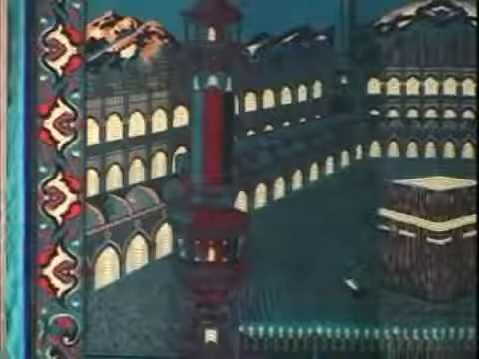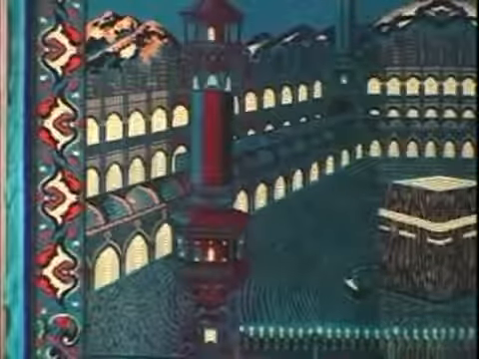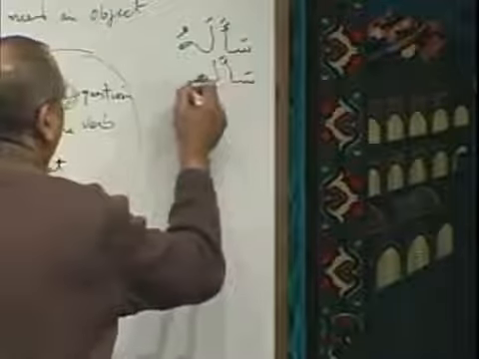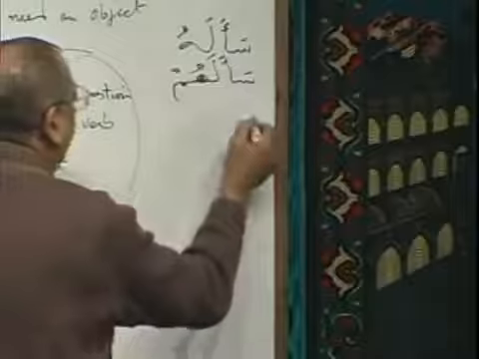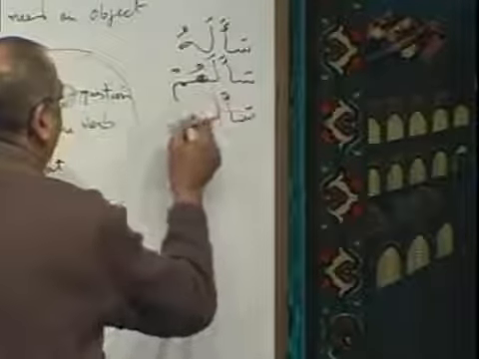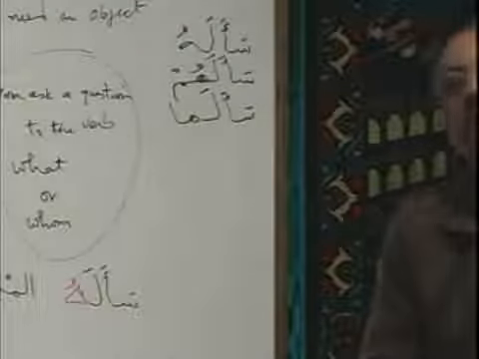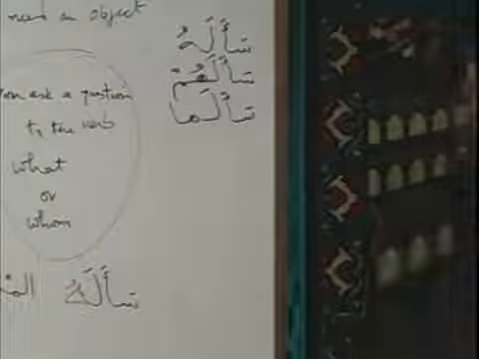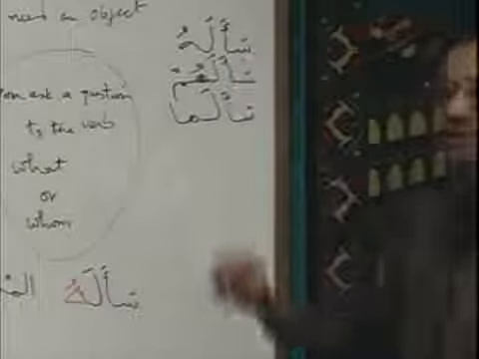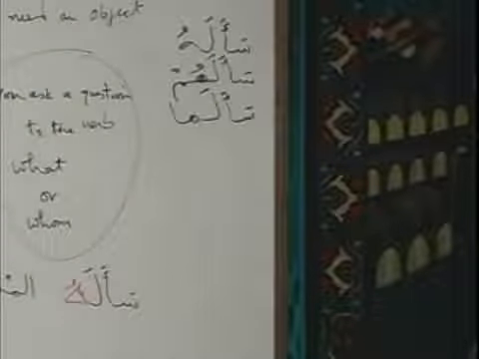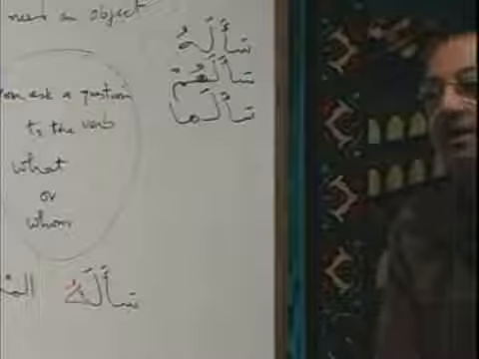See here, I will write down here: sa'alahu, sa'alahum, sa'alaha, sa'alahunna. As I said, we can do 14 pronouns. Let us do the 14 pronouns one by one: sa'alahu, sa'alahuma, sa'alahum, sa'alaha, sa'alahuma, sa'alahunna.